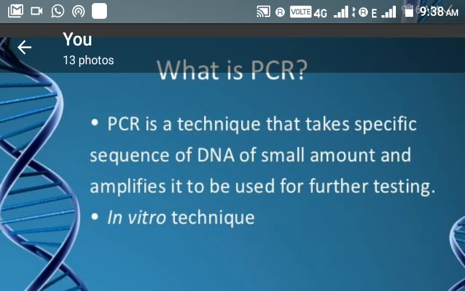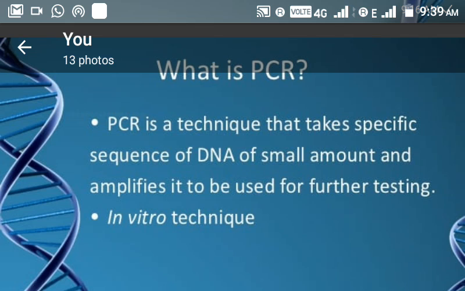This is quite similar to a Xerox machine. I am trying to help you understand in layman's terms. Think of it as a Xerox machine. What you do in a Xerox machine, you take a paper, make its Xerox, and get a large number of its replicas. Similarly, the same thing happens in PCR.